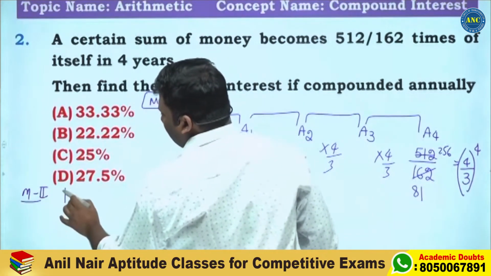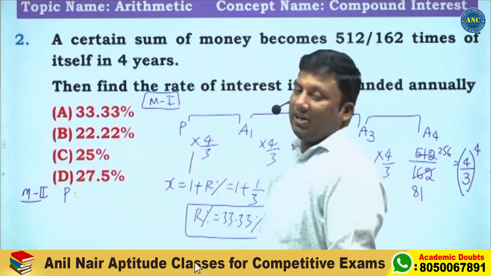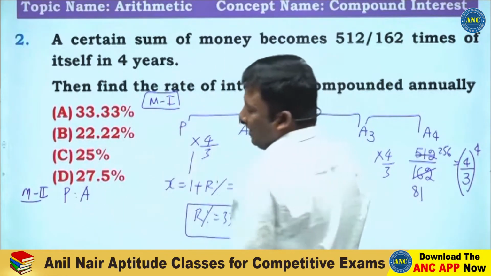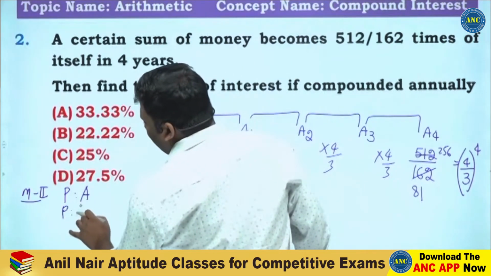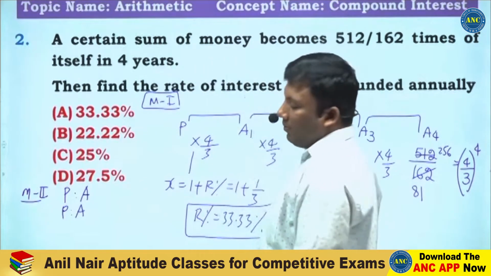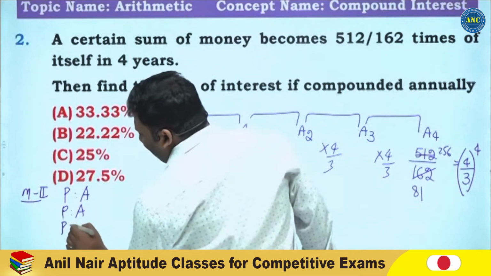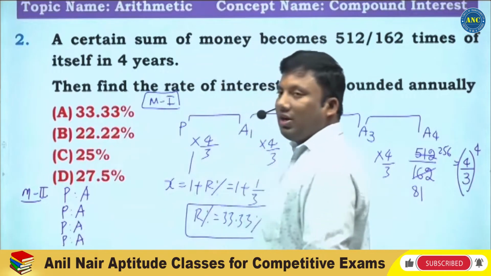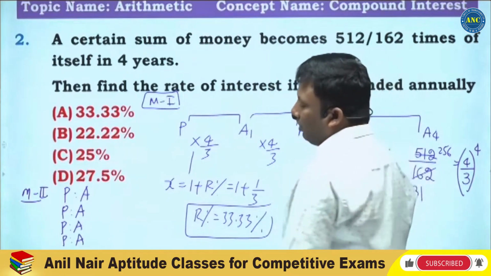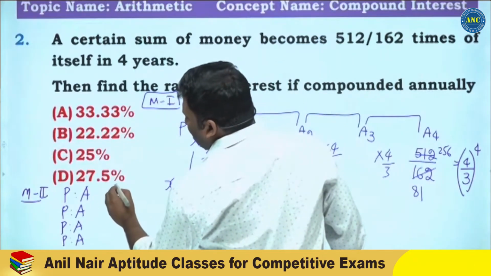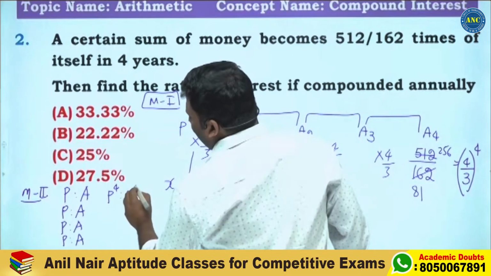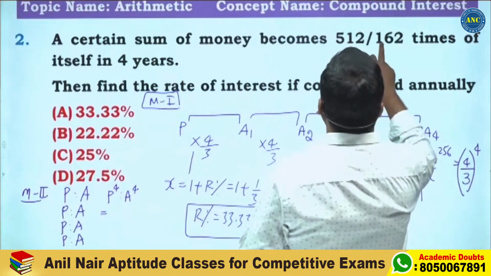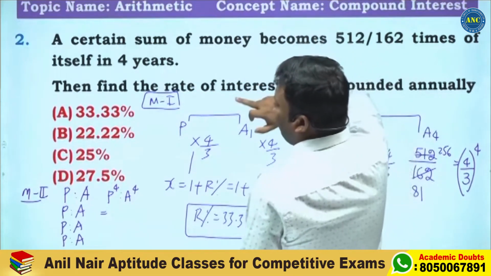Now the same thing I did here, sir, is method 2. Initial value is the principal, final value is the amount, for the first year. Second year, initial value principal, final value amount. Third year, the same. Fourth year, the same. So after 4 years, it becomes P power 4 is to A power 4. How much is it giving? It is 512 by 162 times itself.